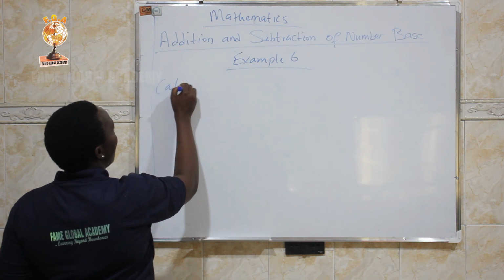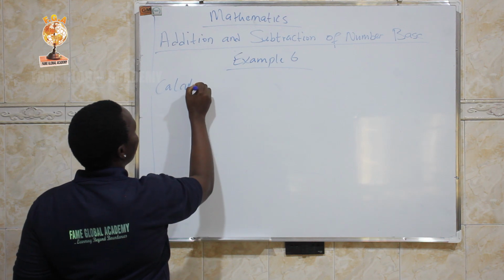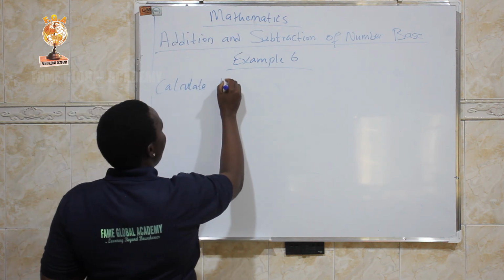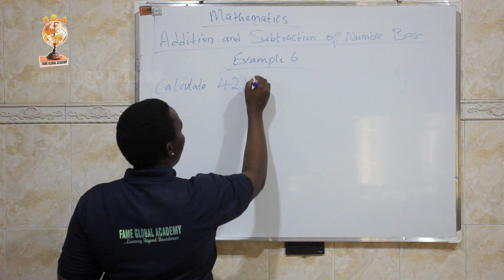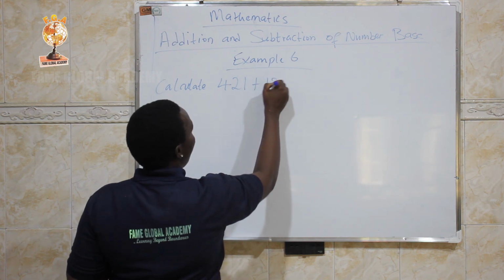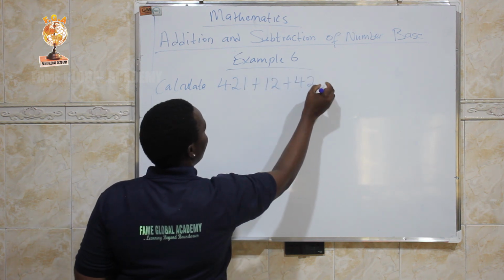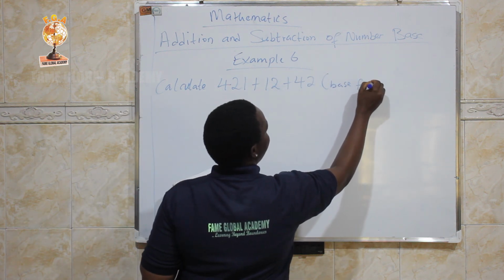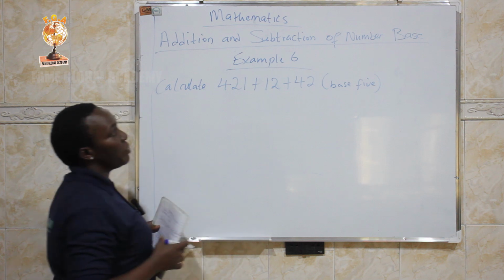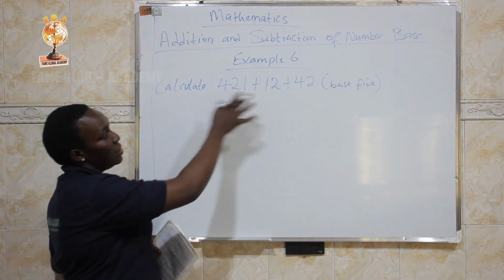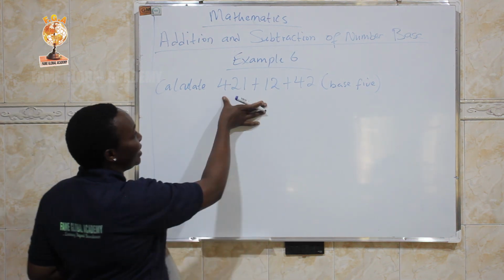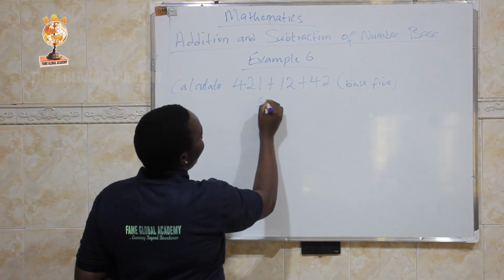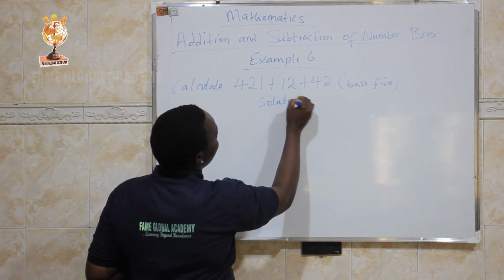Okay, so calculate 421 plus 12 plus 42 in base 5. Okay, so you agree with me that we have been dealing with 2 sets of numbers, but this one is 3 sets.